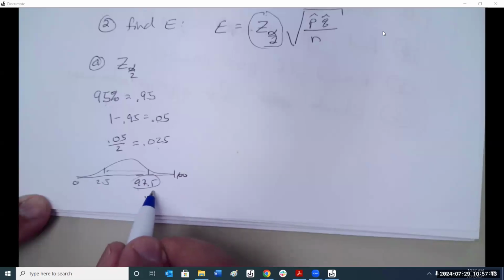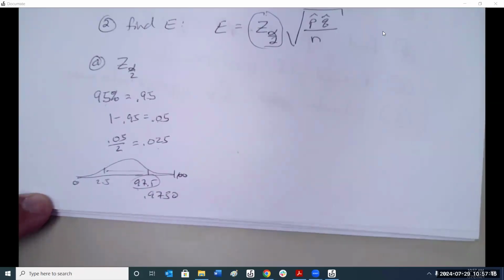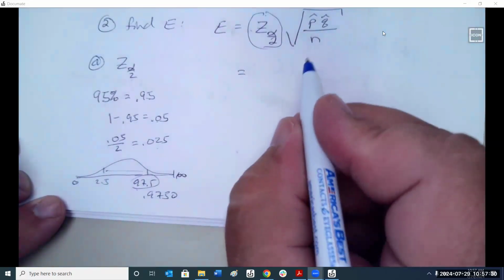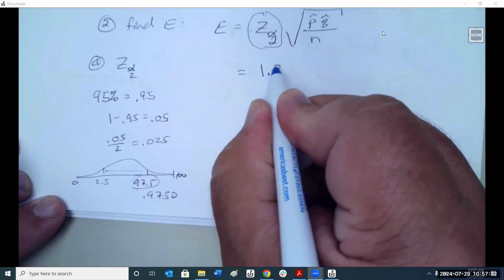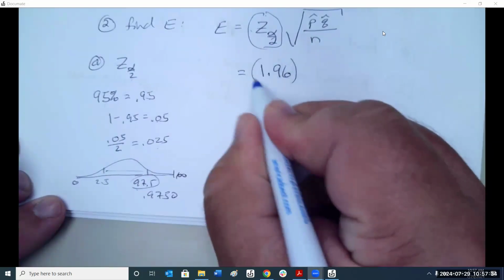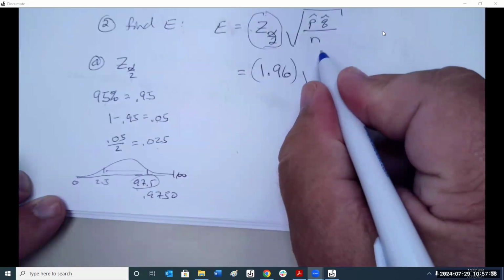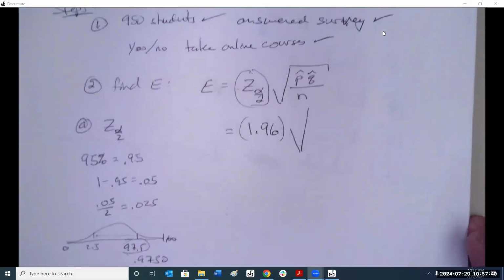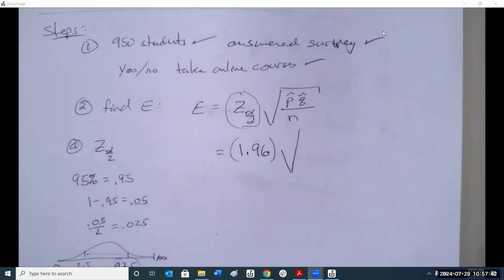We look at 0.9750 inside the chart. And what is that going to give us? That's 1.96.